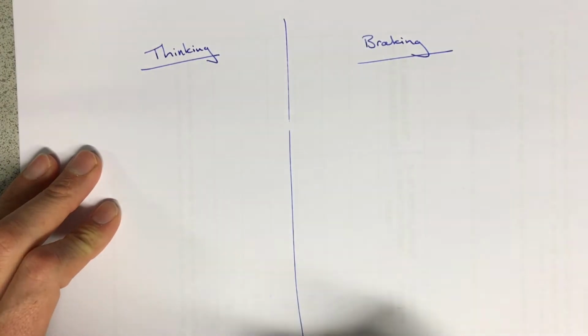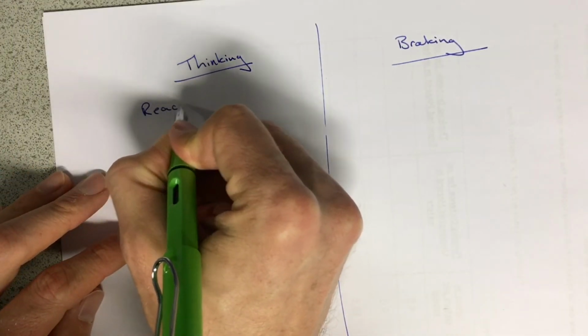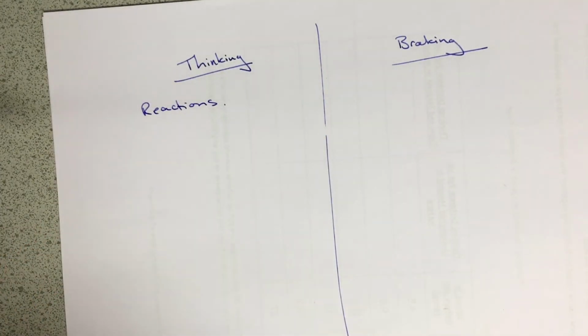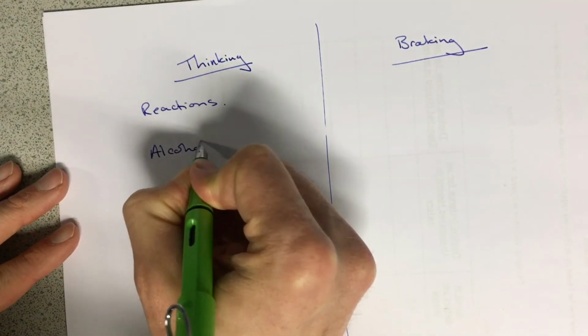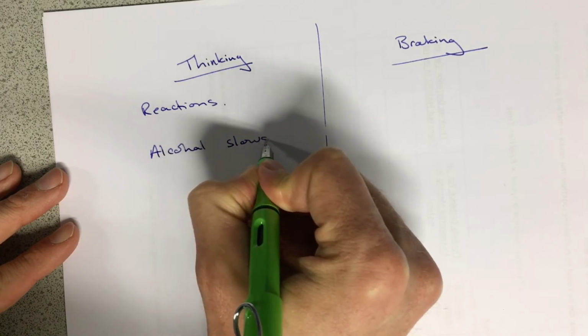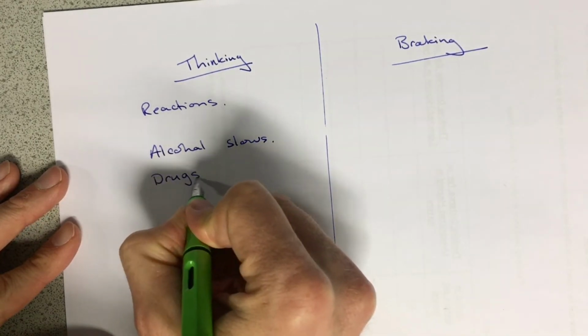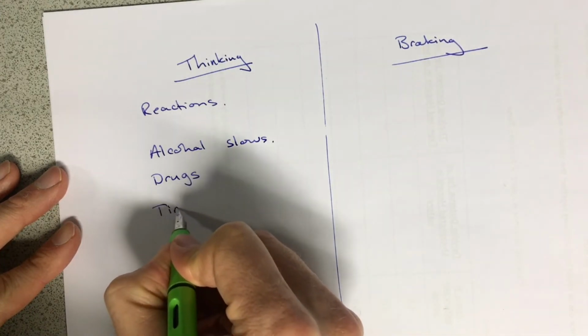Now, if we think about thinking and braking distance very briefly, we sort of divide this up. Thinking distance depends on your reactions as a driver. And anything that affects the driver's reactions will affect thinking distance. So the big ones are alcohol, which slows those reactions. You've also got other drugs, other depressant drugs will slow the reaction time. And tiredness.